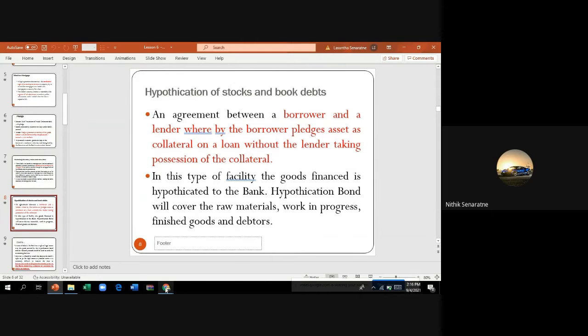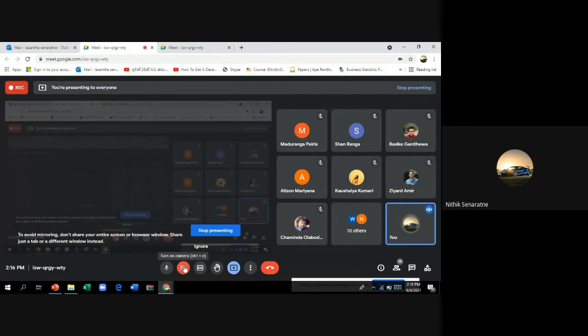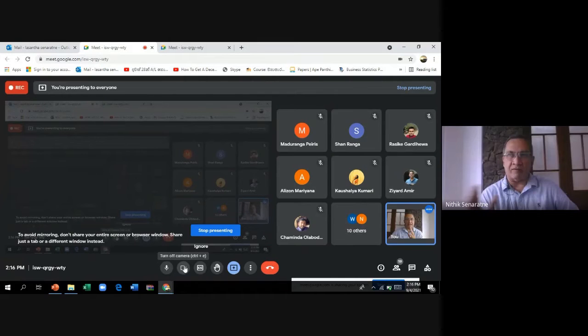When you have work in progress, we bankers take a hypothecation loan to cover all the assets: raw material, semi-finished goods, finished goods, and book debtors. So at any given time, you have to ensure that the entire value of all these securities should match your requirement.